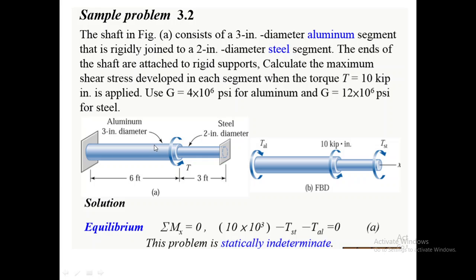Here the diameters of the shafts will be different for different lengths. One more thing is that the torque applied will be at different points on the shafts depending on the applications. So here we have some problems where the condition is statically indeterminate.